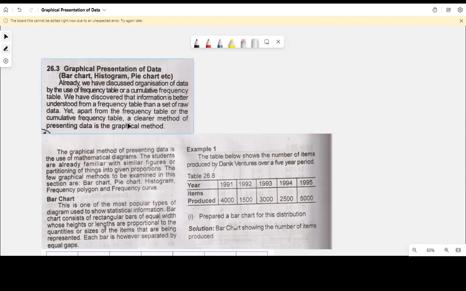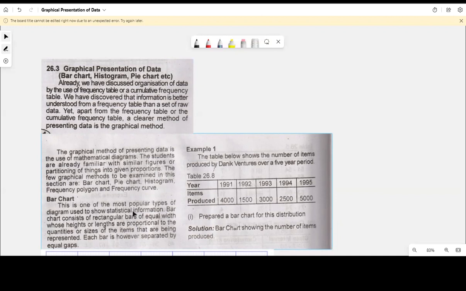So how do we do that? We have an example here. In this example, we are going to use bar charts, to be precise, to present this data. By the way, what is a bar chart? A bar chart is one of the most popular types of diagram used to show statistical information.